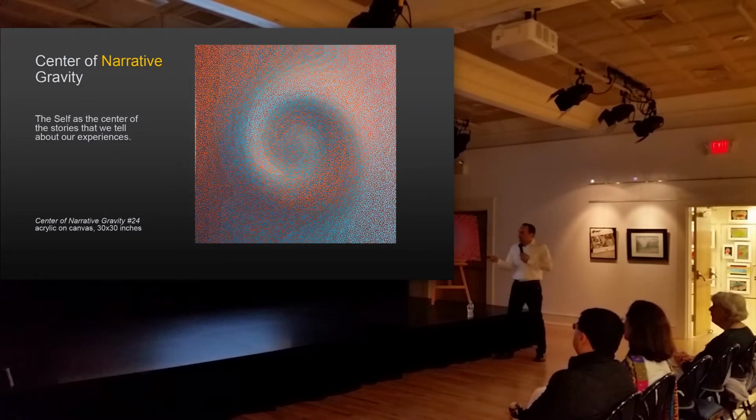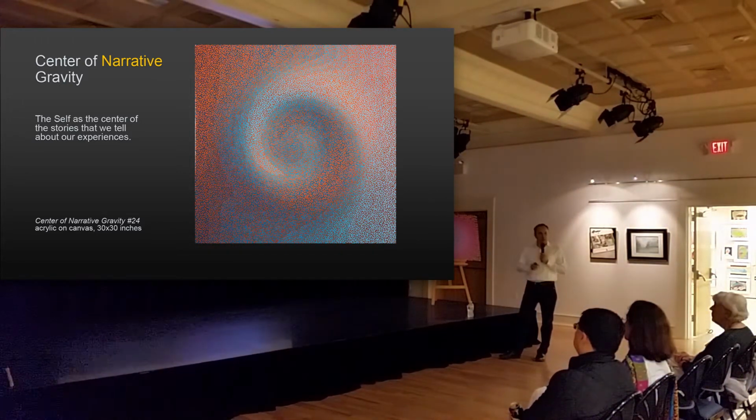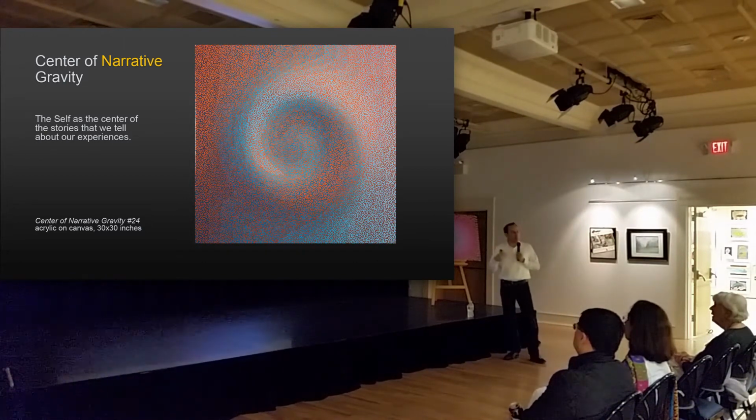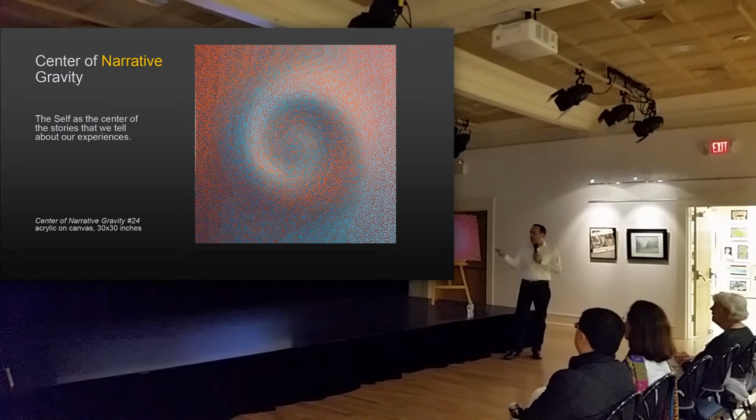Now, Dan Dennett thinks that the self is something like that abstraction. He calls it the center of narrative gravity, and that over time we tell and spin stories about ourselves, about our history, about our past, and that our self is this sort of useful abstraction for who we are. And so I thought that was a really interesting idea and created a series of nearly 30 paintings based on it.